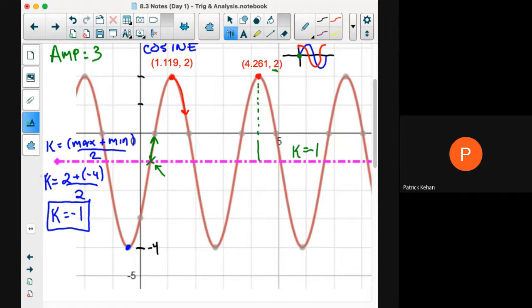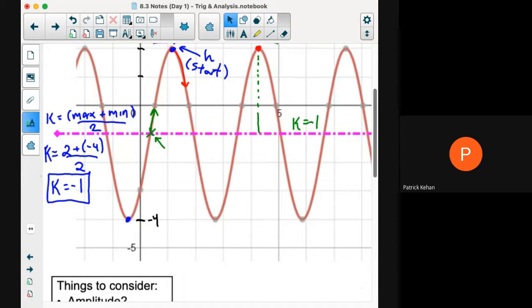All right, and since I identified cosine, I need to find that horizontal shift. Since I have this x coordinate right here, 1.119, I'm going to make my h value where we start the beginning of the cosine wave. Next up, it's time to look at the period.